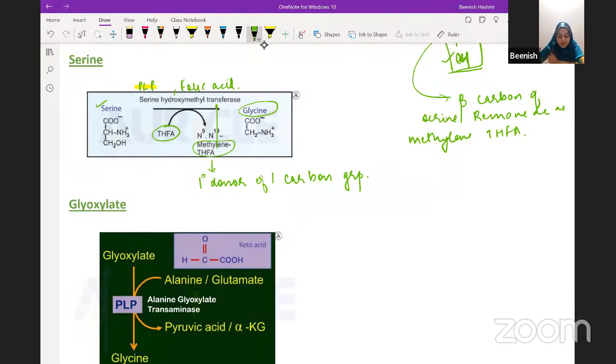So that was about the synthesis of glycine from serine. Serine is acted upon by serine hydroxymethyl transferase. PLP and folic acid are required. Your beta carbon is removed as methylene tetrahydrofolic acid, the primary donor of one carbon group, and ultimately glycine is formed. Also this is a reversible reaction.